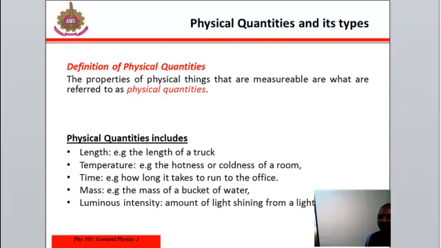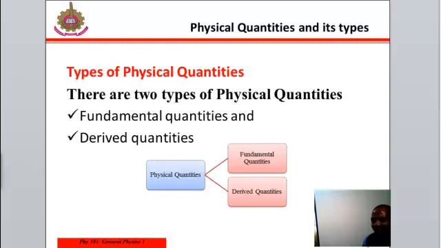Physical quantities include length, e.g., the length of a truck; temperature, e.g., the hotness or coldness of a room; time, how long it takes to run to the office, or time between one event and another; mass, e.g., the mass of a bucket of water, mass of stone; luminous intensity, the amount of light shining from a light source, etc.